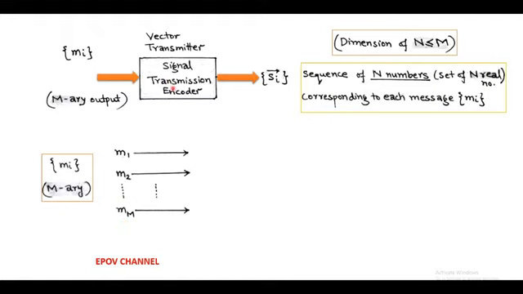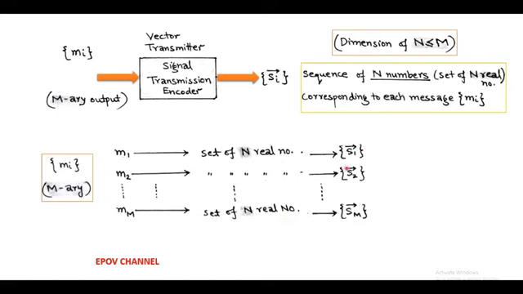Now the vector transmitter encodes each symbol Mi into a set of n real numbers called the signal vector denoted by Si vector.